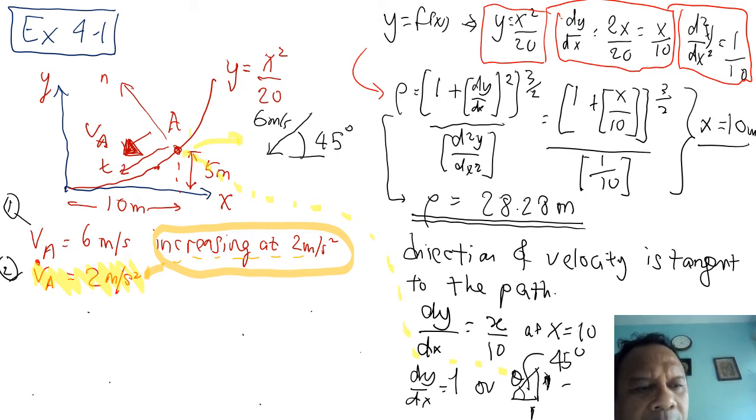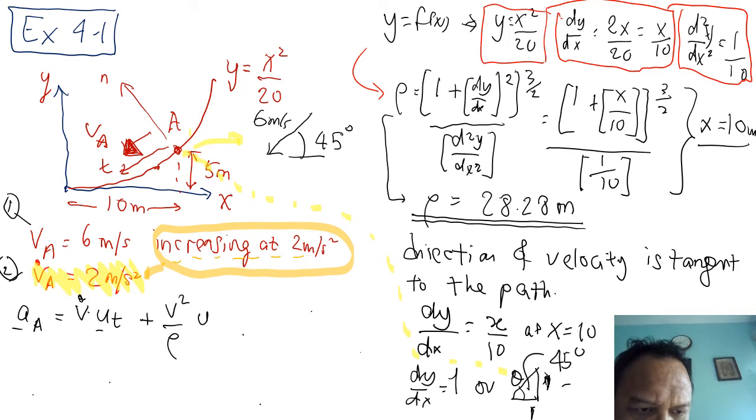So I have the solution: the acceleration of A equals v dot ut plus v squared over rho un.